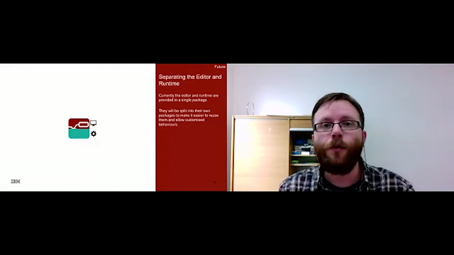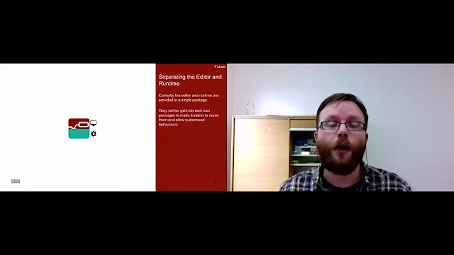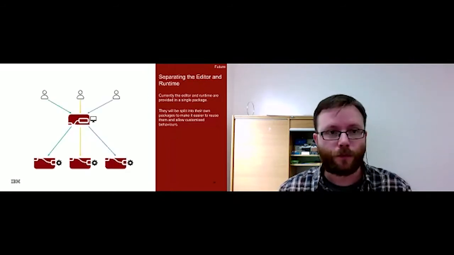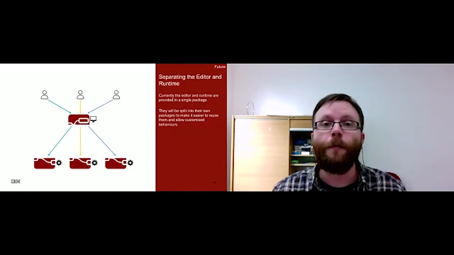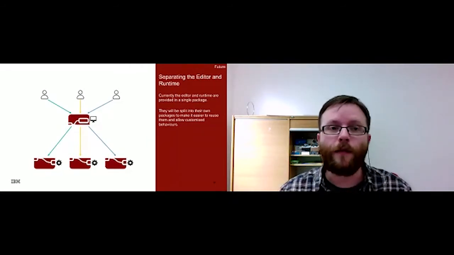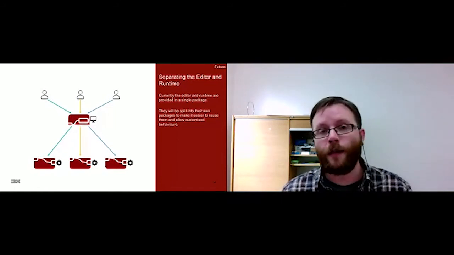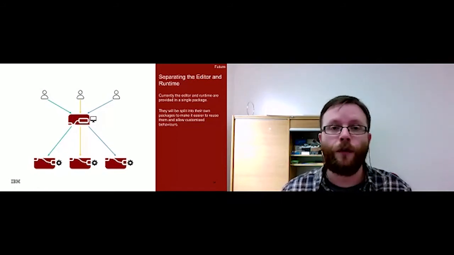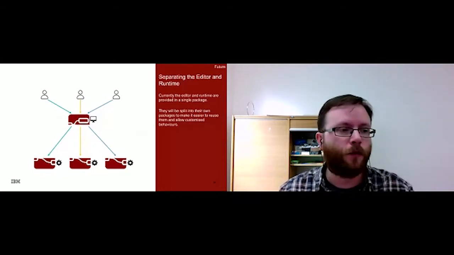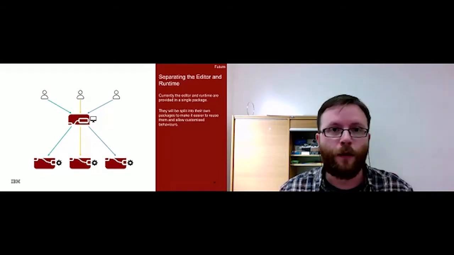But for people who wanted to, for example, put a custom runtime behind the Node-RED editor, they would be able to do that. Or perhaps they want to create a multi-user version of Node-RED, where everyone accesses the same editor, but each user is actually accessing a different Node-RED runtime. There are lots of different possible architectures that splitting those two out will enable.